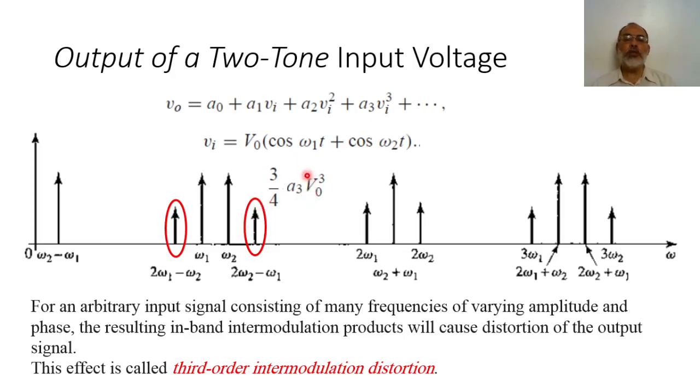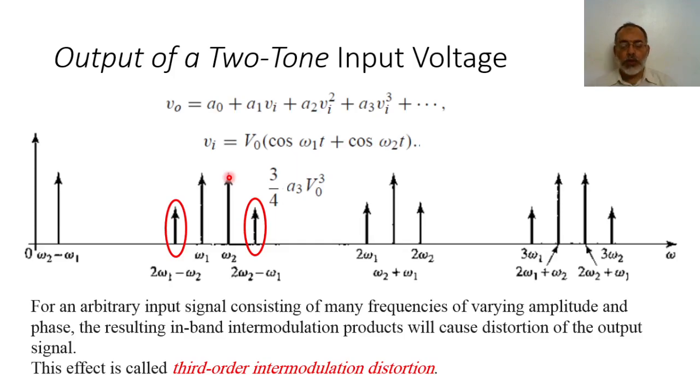Actually, according to the input signal V naught, the third order intermodulation signal can reach the same value as the input signal or the original signal. So in this case, we cannot discriminate between the original signal and the intermodulation distortion signal.